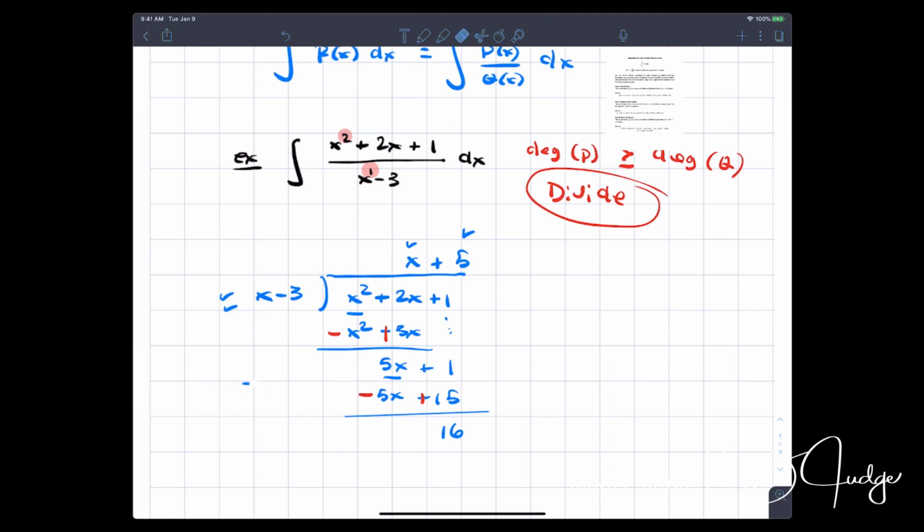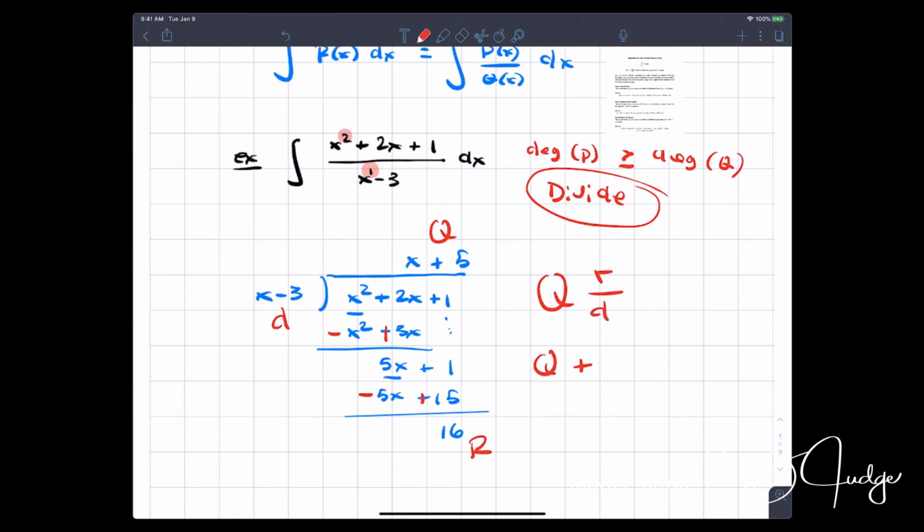Now we have to know what we're looking at. What does this actually mean? This is your quotient, this is your remainder, and this is what's doing the dividing. So your fraction, which is improper in a sense, (x squared plus 2x plus 1) over (x minus 3), we can write as a mixed number: quotient plus remainder over divisor.